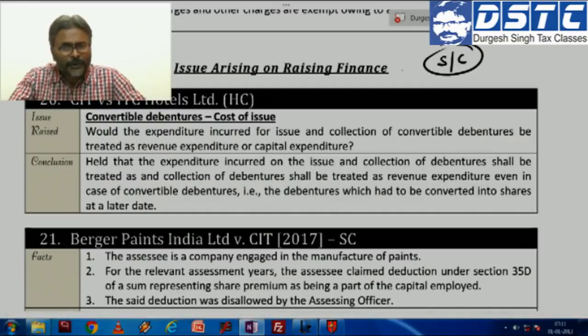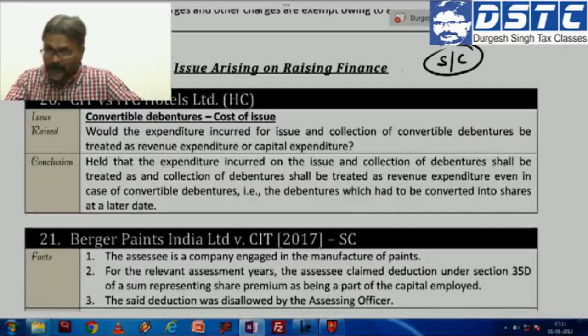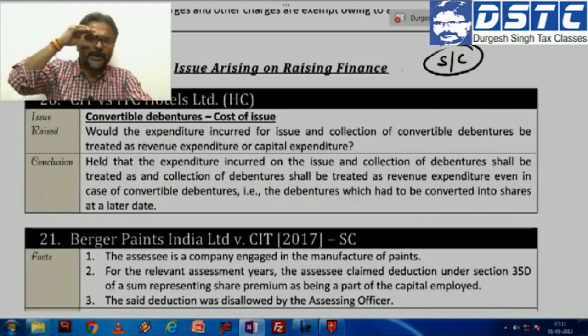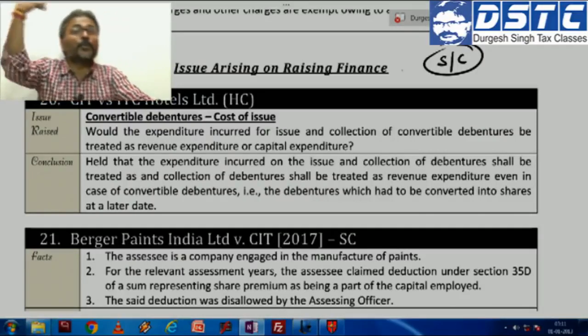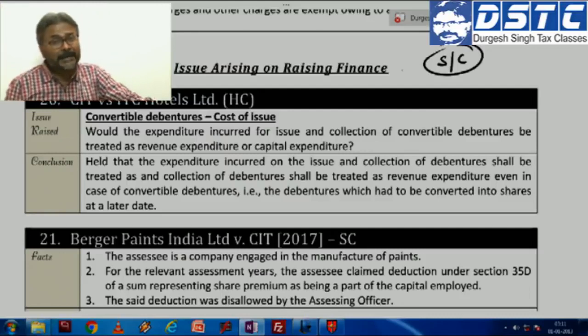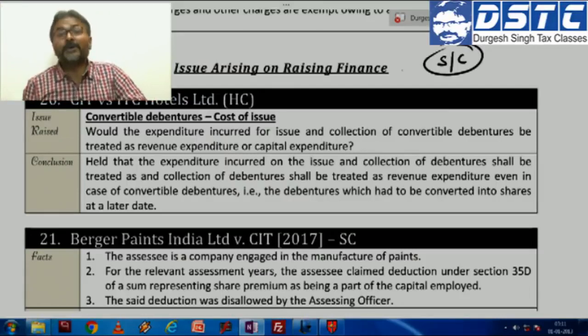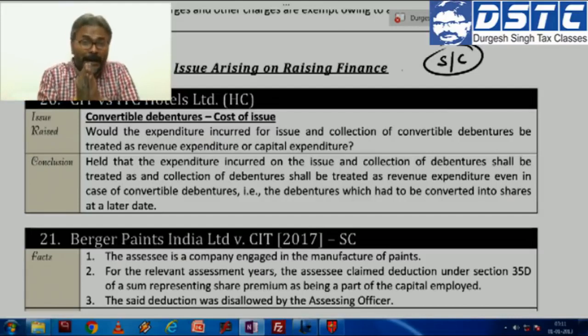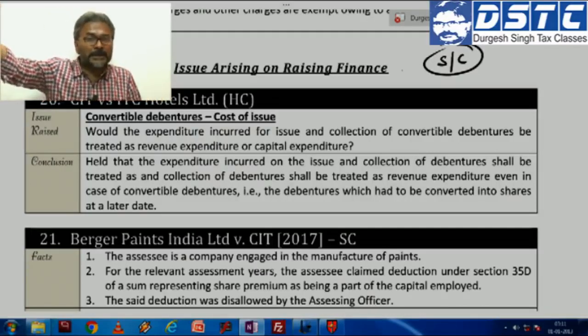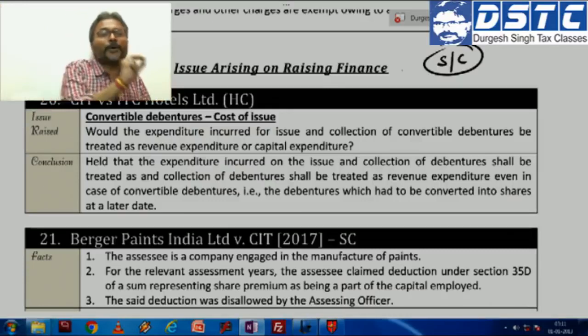But still somebody will argue, but sir, convertible debentures have been issued. Tomorrow these convertible debentures will become share capital. So don't you think that even this would be permanent tomorrow? But the issue is, at the time, what was issued, for which the expenditure is incurred, we are only supposed to look at that.